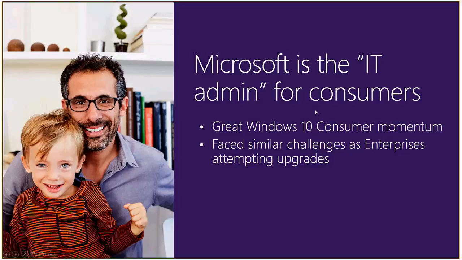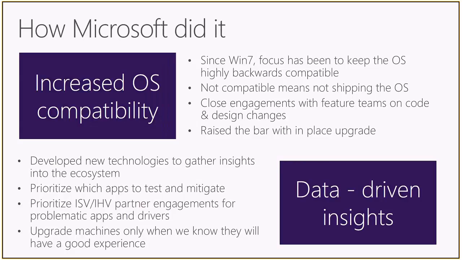So to take a look at how Microsoft actually accomplished this, going back all the way to the Windows 7 release, there was a major focus around keeping backwards compatibility for the OS itself, as well as, as much as possible, applications. Basically, if that compatibility is not there, then people aren't going to adopt the OS. So they have to ensure as much as possible that there's going to be a seamless transition between the operating systems.